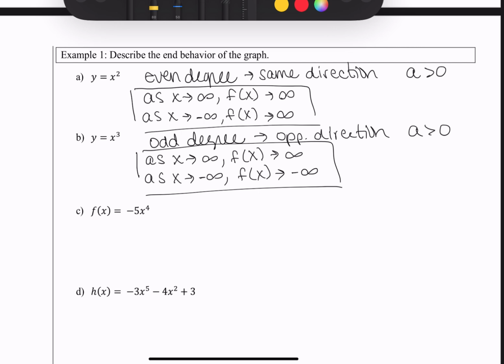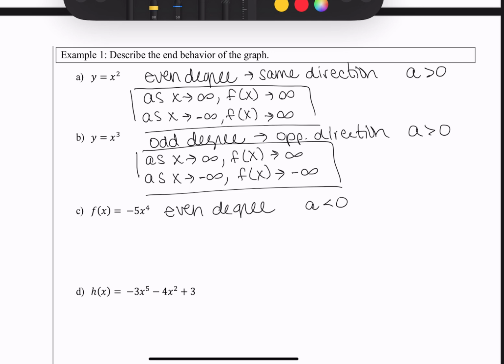All right, well, how about C? Okay, so this time we've got an even degree. However, our leading coefficient is -5, so we know that it is a negative leading coefficient or less than 0. Well, we still know that our end behavior is going to be in the same direction because we have an even degree, but that A being negative means that it's reflected in the x-axis.